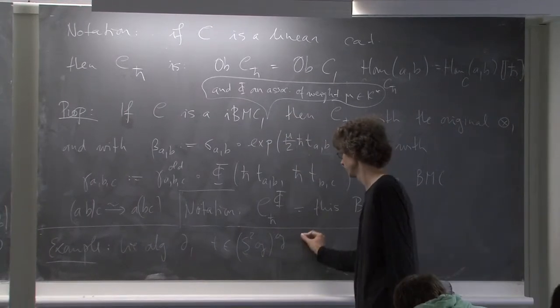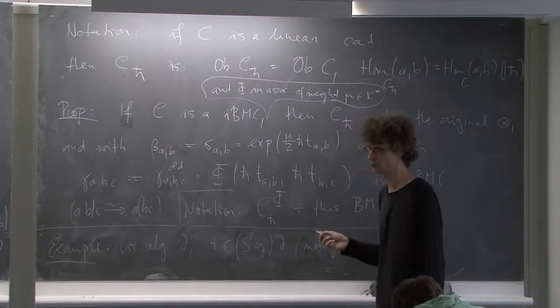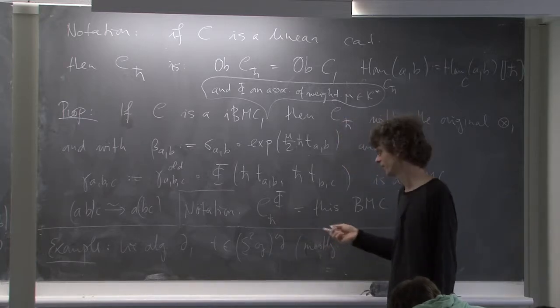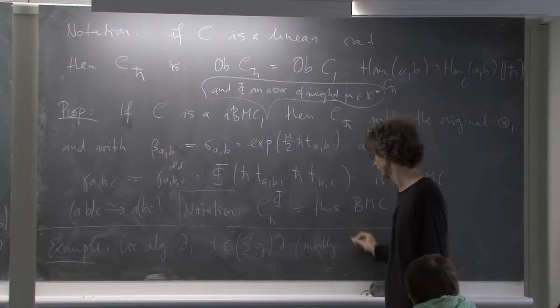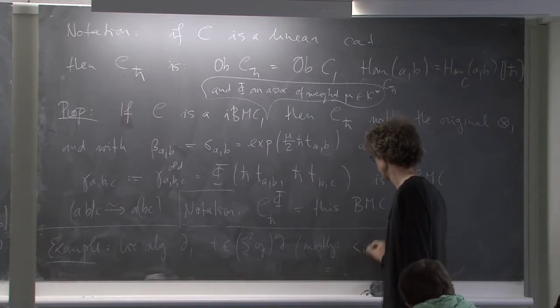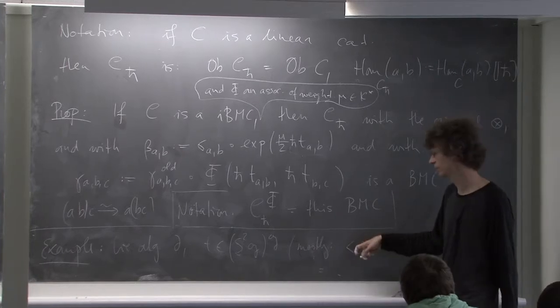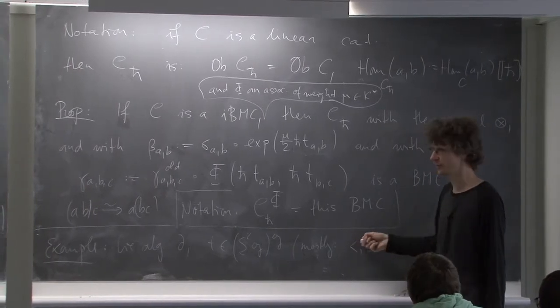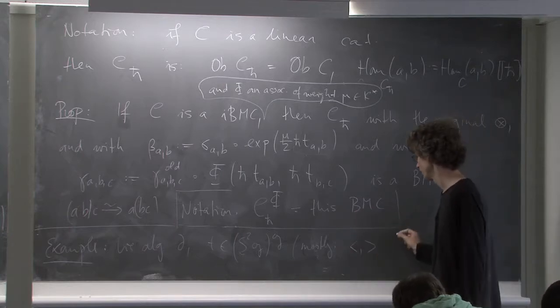Now, mostly, or sort of everywhere in this course, this D is going to be, first of all, finite dimensional, and second of all, we're going to have an invariant product, or I should say probably non-degenerate symmetric bilinear pairing, because something like that.